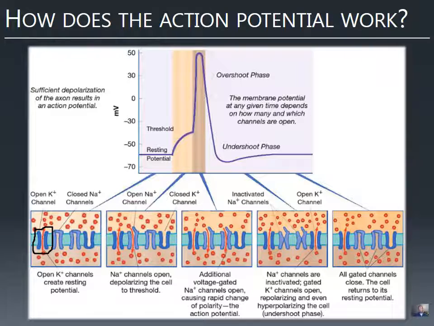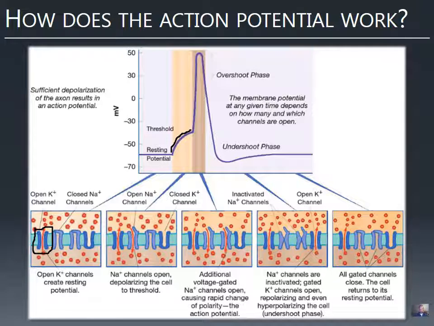If we move some of that positive charge into the neuron, then that membrane potential isn't so negative. And that's called depolarizing the neuron. So when positive charge moves in on this part of the curve, it depolarizes the neuron. In other words, it moves it closer to zero. Normally the membrane potential is negative. Positive charge flows in. That membrane potential moves closer to zero, so we call it depolarization. It's not quite so polarized.